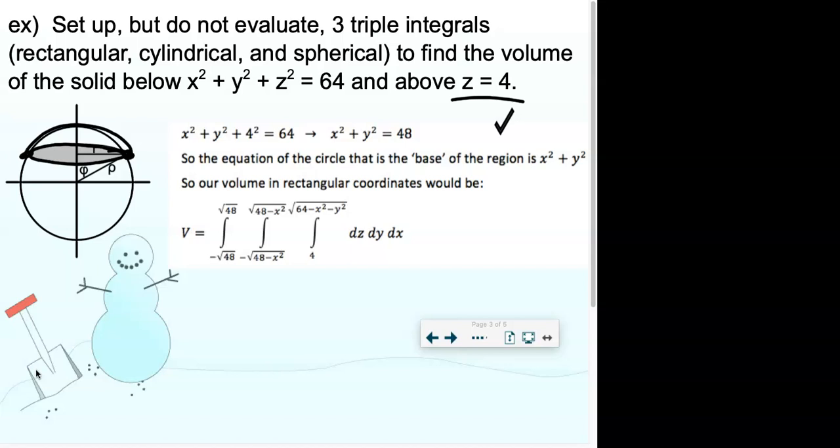Cylindrical shouldn't take very long because cylindrical and rectangular are pretty similar. The only difference is that instead of x and y, you're going to have an r and theta to generate that circle, right? And then you have to rewrite your z's in terms of r's and or thetas.